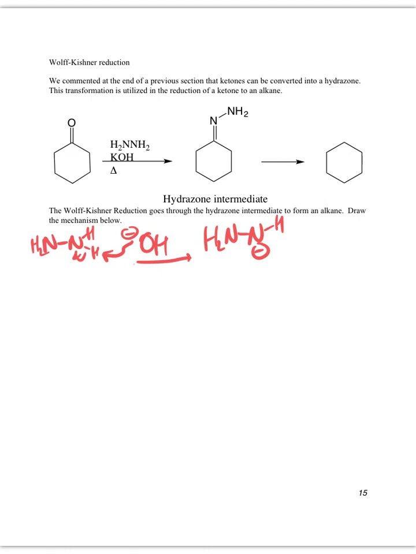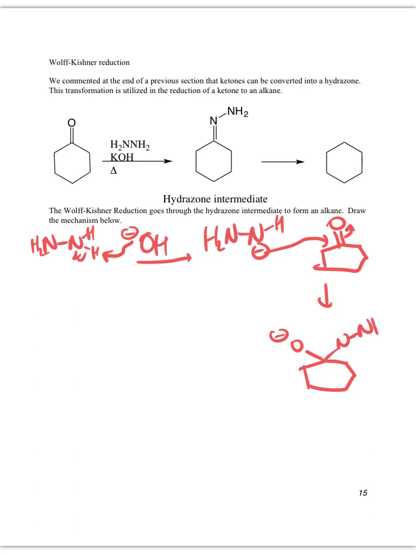So we make the hydrazine nucleophilic by taking a hydrogen off of it. It can then add into our carbonyl to give us the O- and the nitrogen NH2 hydrogen.